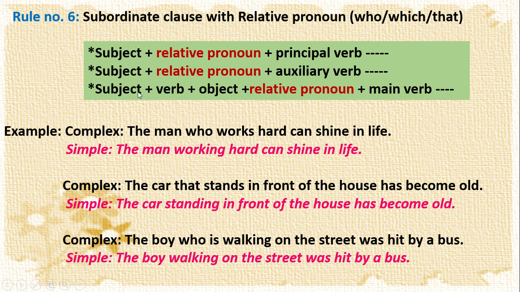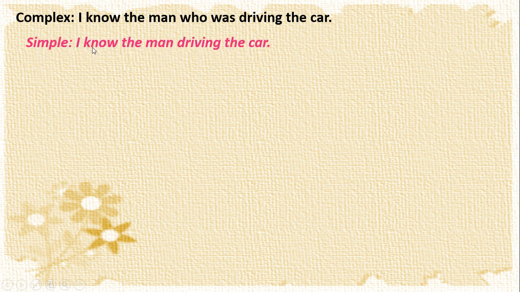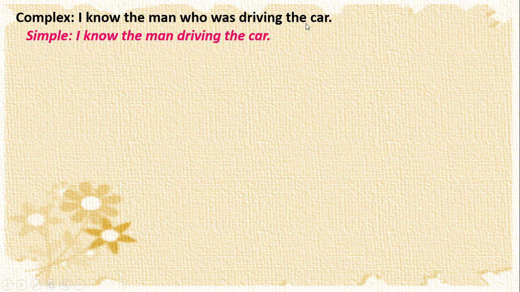Now we will see the third type of structure. I know the man who was driving the car. Subject plus verb plus object then relative pronoun here. We write simple. I know the man driving the car. We just omit the relative pronoun and auxiliary verb.